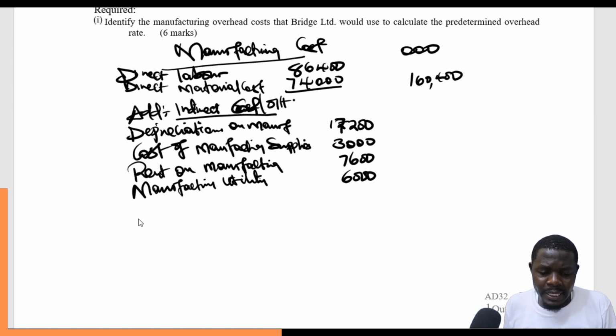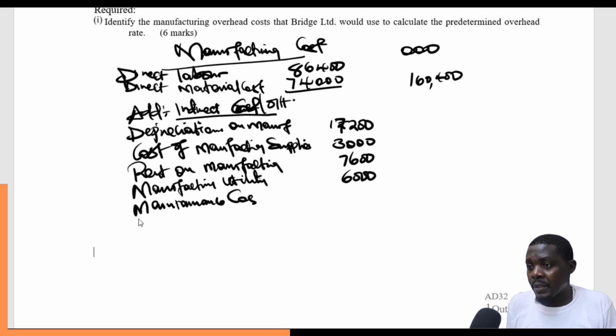We have maintenance cost, which is 5,200.